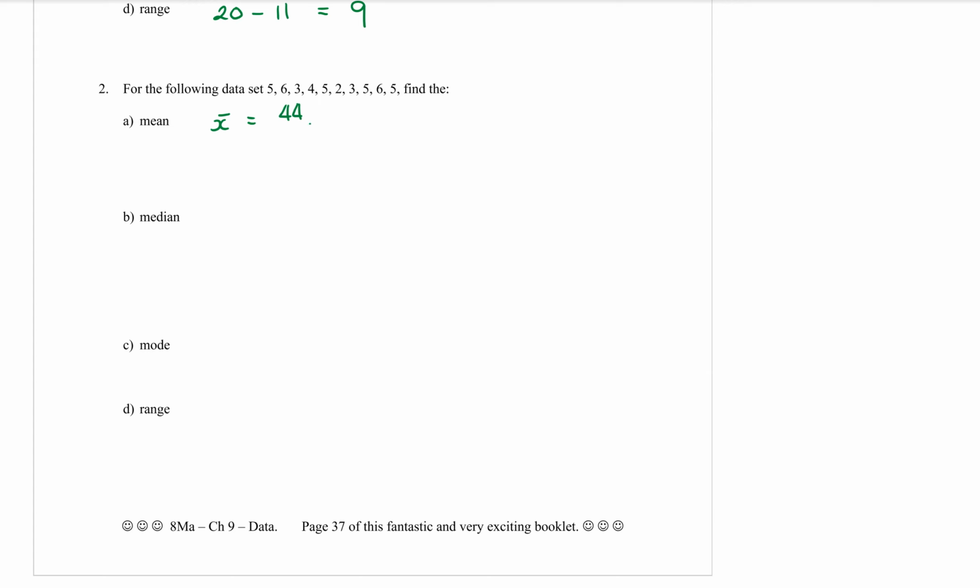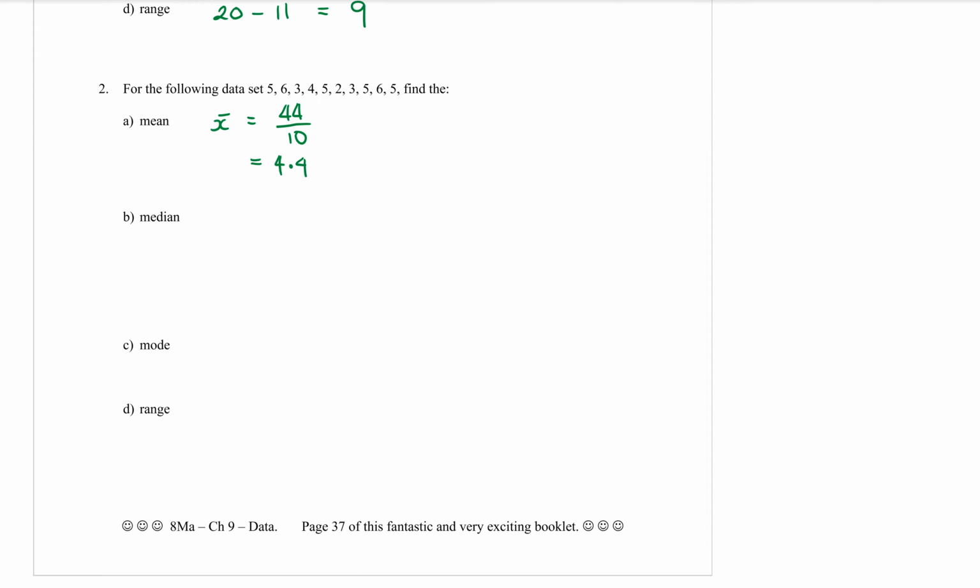Then you divide that by how many scores we have. How many scores are in that list? 10. Excellent. 44 divided by 10 is 4.4. So there's my average, my mean. Now for the median, which represents the middle, I need them in order. Let's rewrite the list.